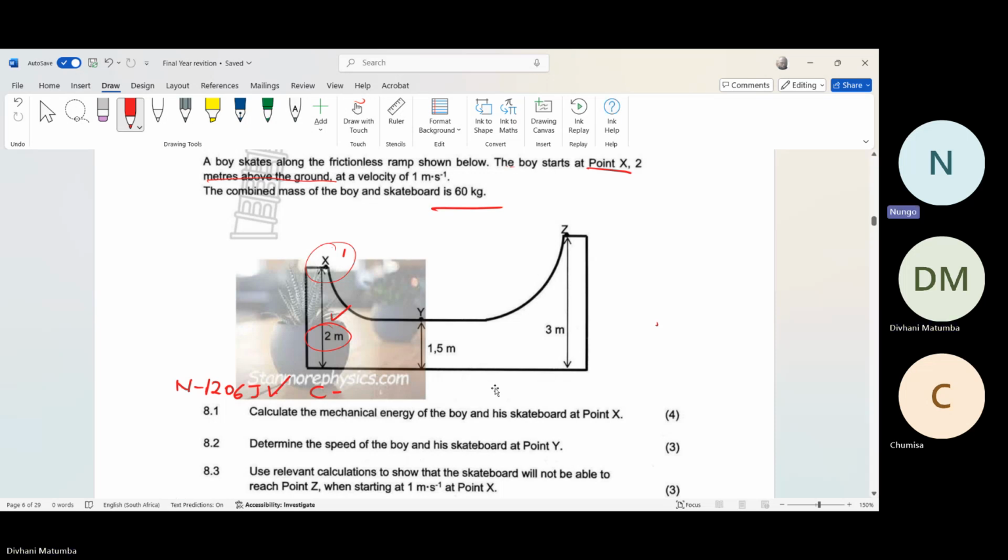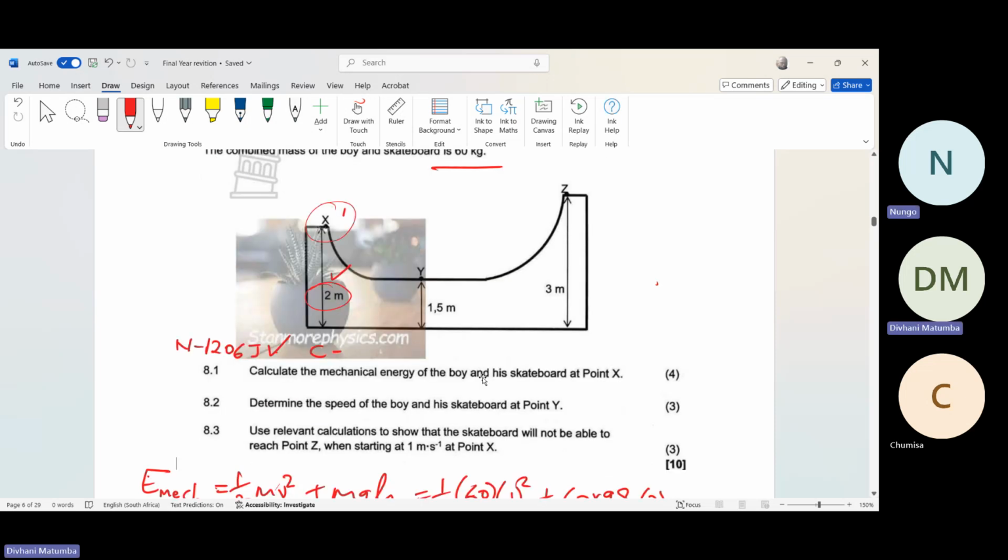So I'm not really sure about what I did. So I decided to calculate the height. Okay.